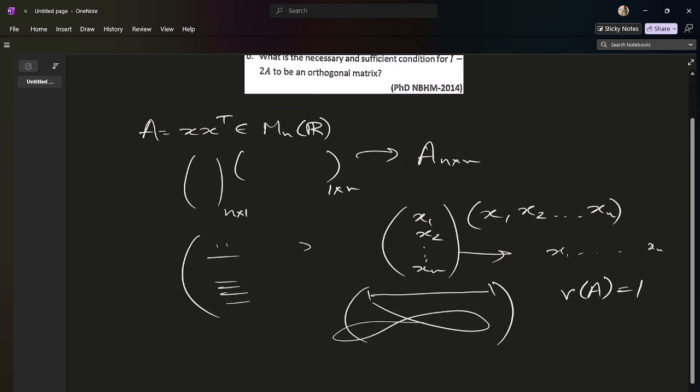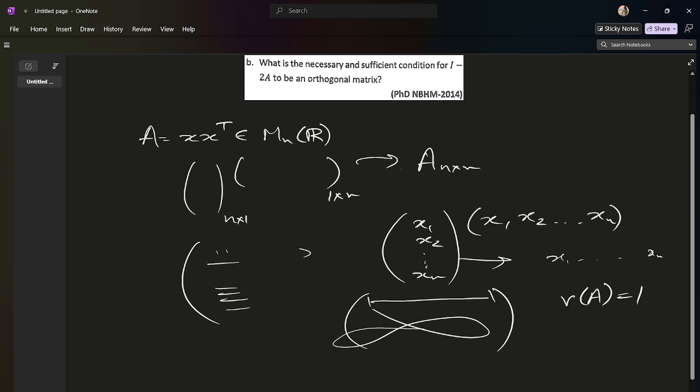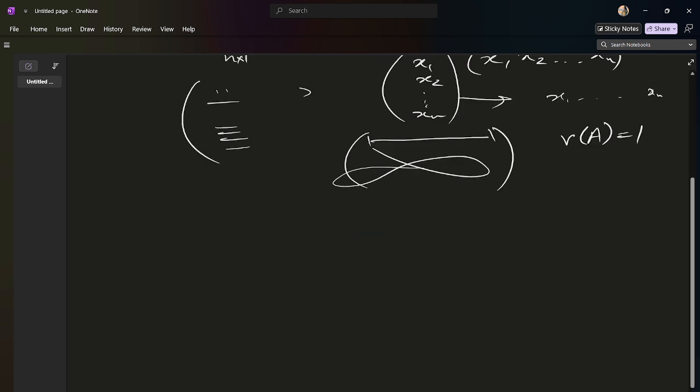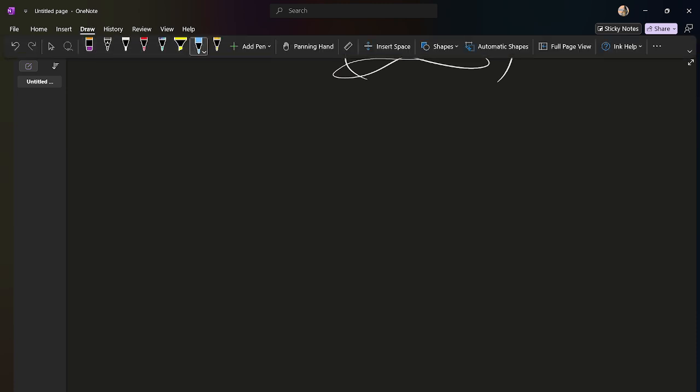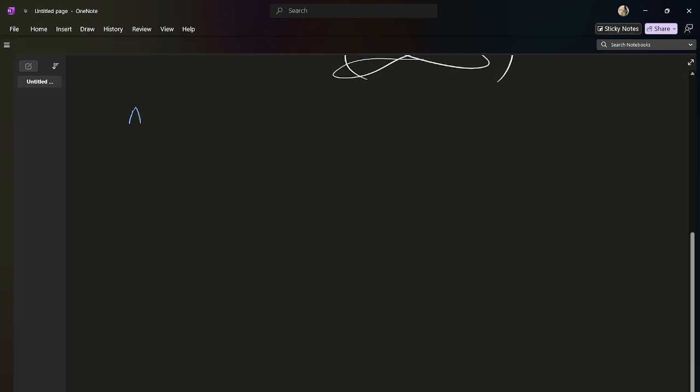Now part B asks for the necessary and sufficient condition for I minus 2A to be an orthogonal matrix. Let A be an orthogonal matrix.